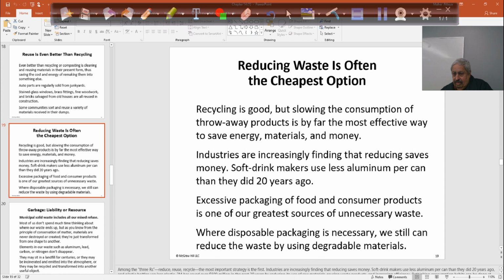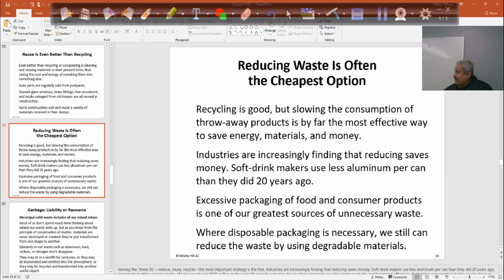So increasingly, industries are finding that reducing saves money. Soft drink makers are using less aluminum. I remember in the early 80s, it was very hard to crush an aluminum can with your hand. You had to use a lot of power to crush it. But now it's easy. With two fingers, you can crush the can, correct?